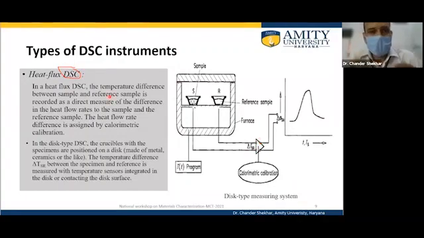Once this basic difference between DSC and DTA is clear, there are two different categories of DSC. The first one is the heat flux DSC. What it does is we have the same furnace. The instrument we have here at MIT School of Applied Sciences is the heat flux DSC.